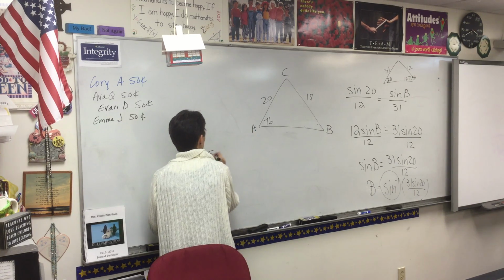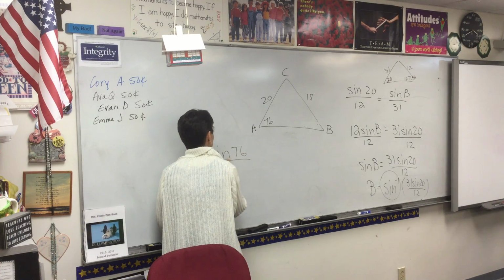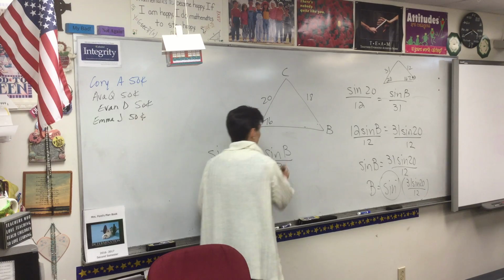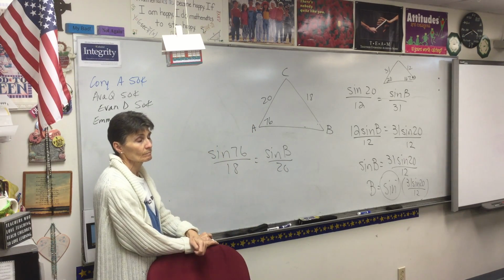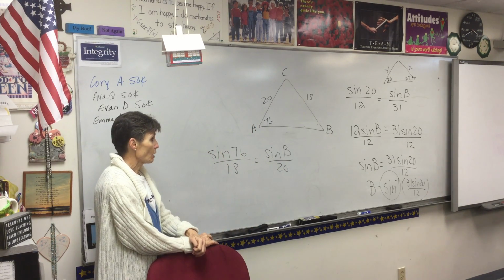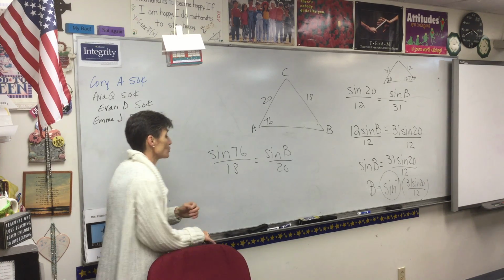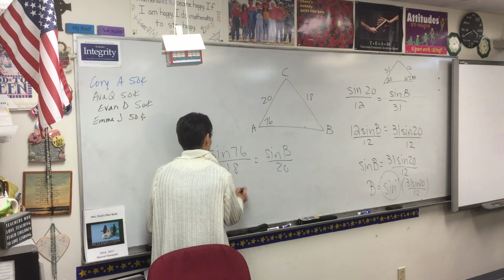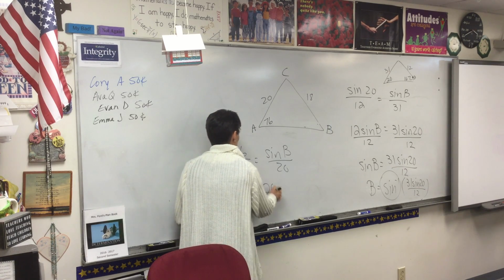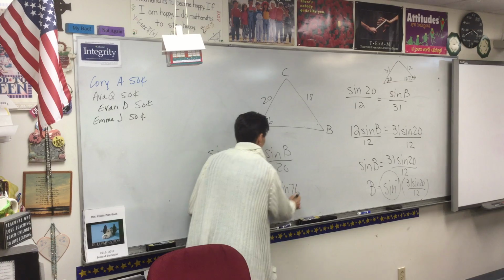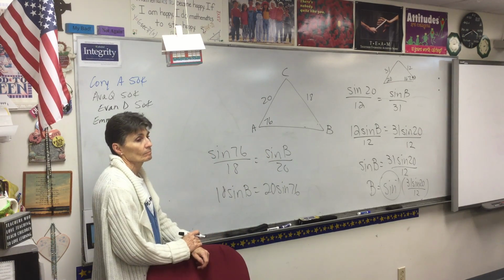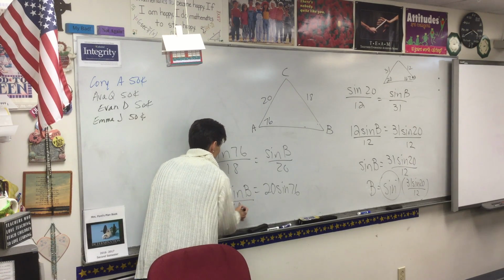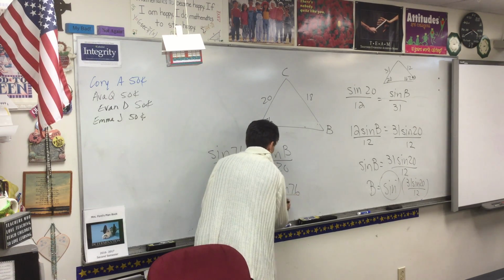So we're going to start the same way. Sine 76 over 18 equals sine B over 20. Would everybody agree with that? Law of sines. So now we'll cross multiply. 18 sine B equals 20 sine 76. We're going to divide by 18 because we're trying to solve for the variable.